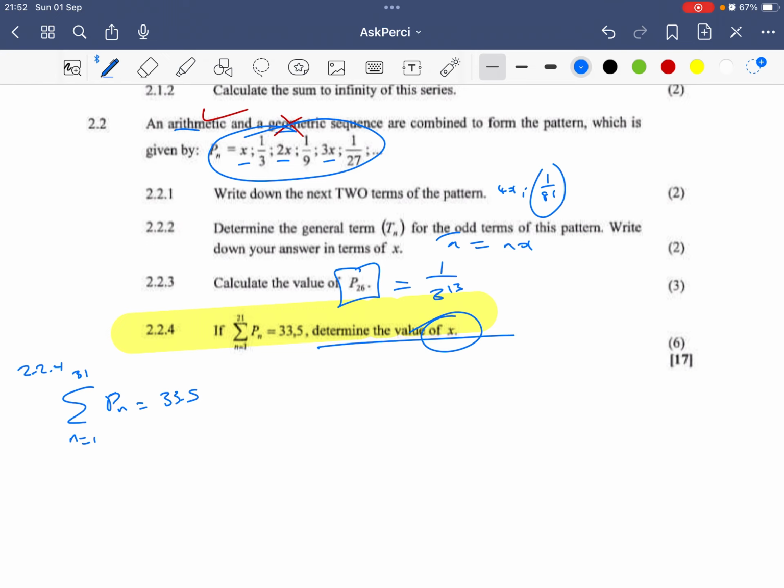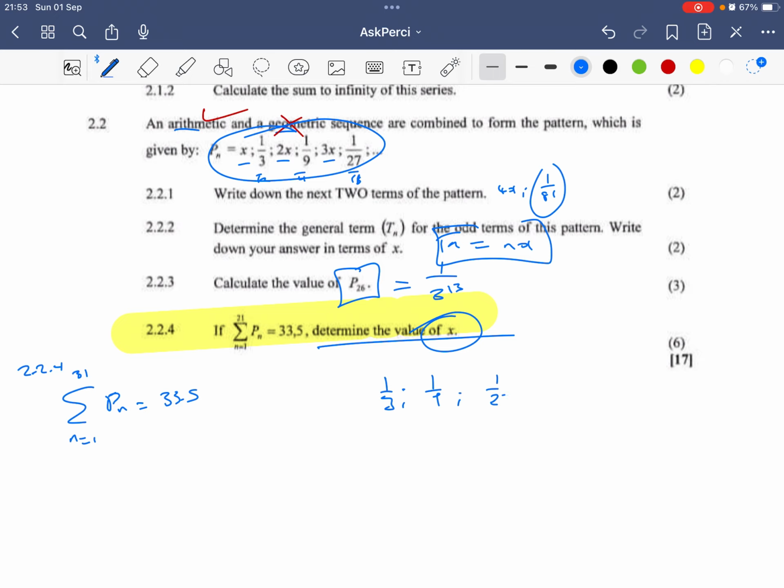If you add this sequence, and we have already discovered one of the sequences, the arithmetic sequence, the odd one is equal to Tn is equal to nx, right? And the even one we did discover, but I can show you again. 1/3, that's the even number. 1/9, the even term, because it's T2, T4, T6.